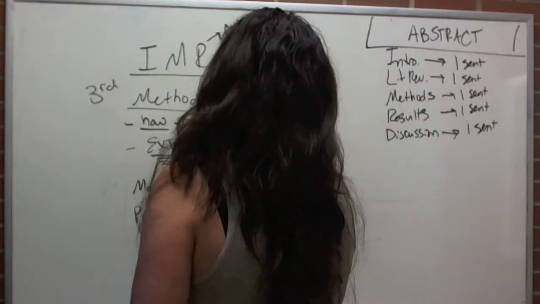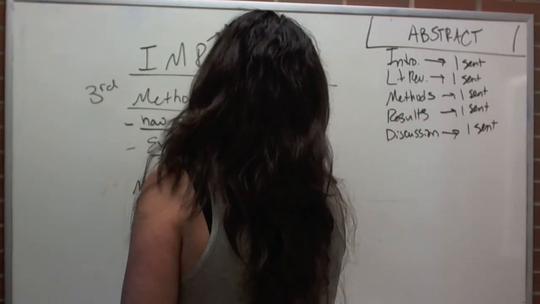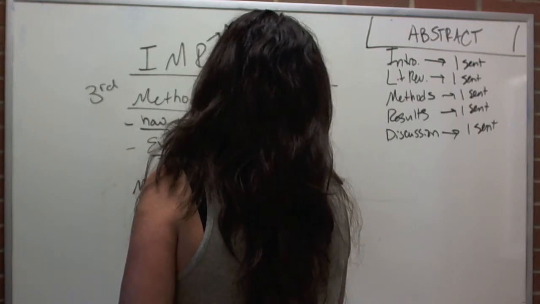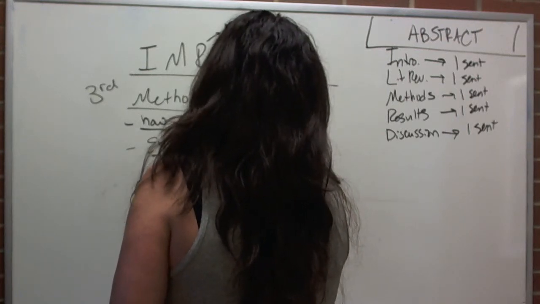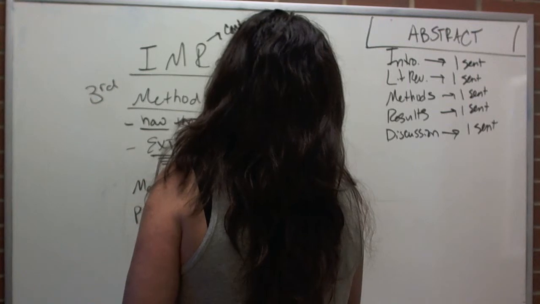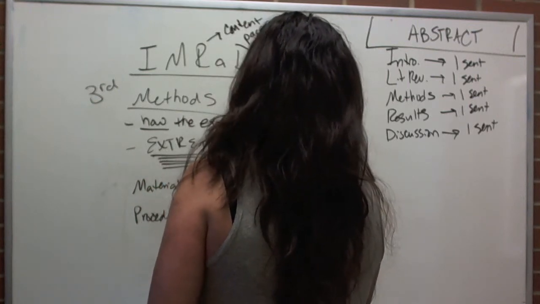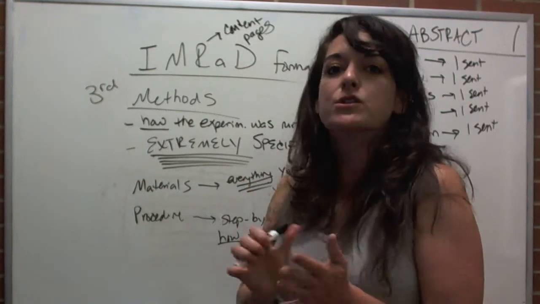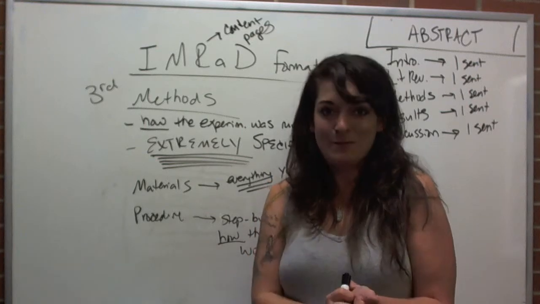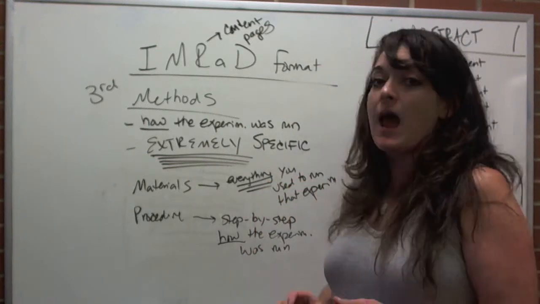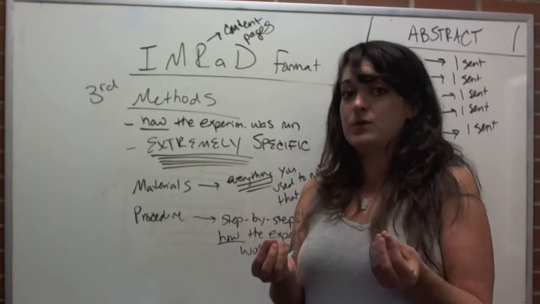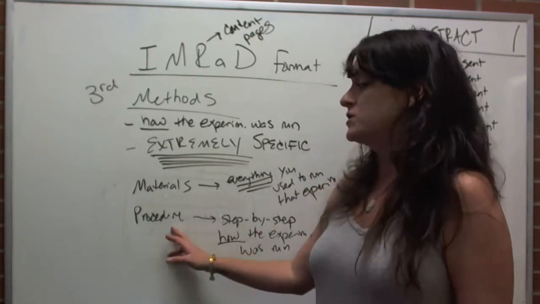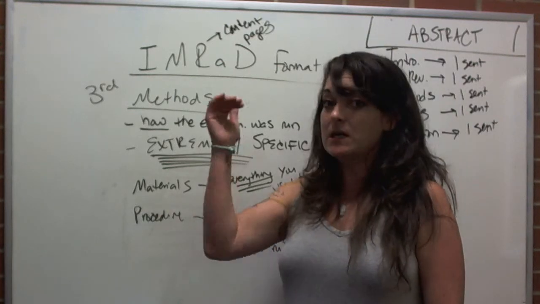The procedure is step by step how the experiment was run, okay? And again, student samples, student samples, student samples, okay? So you can look at how in-depth those student researchers were going to make sure that their procedure was clearly outlined.